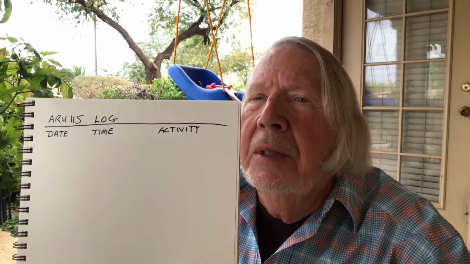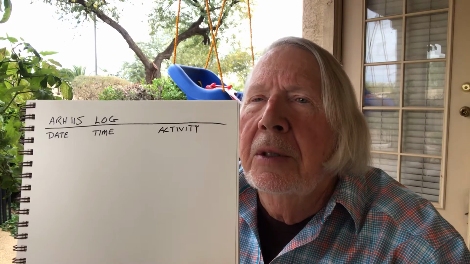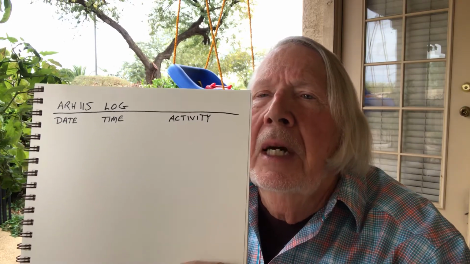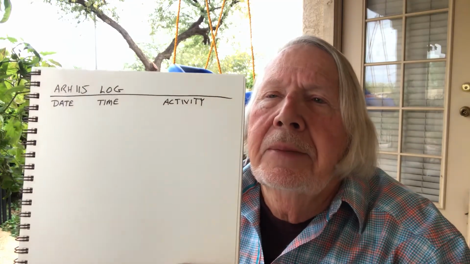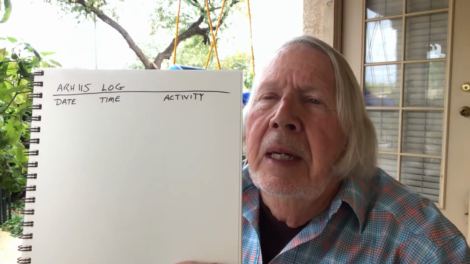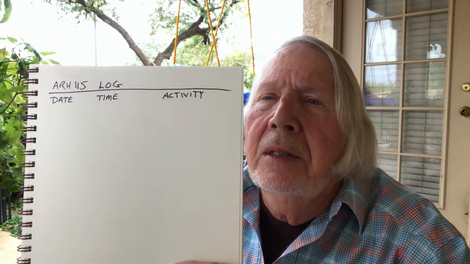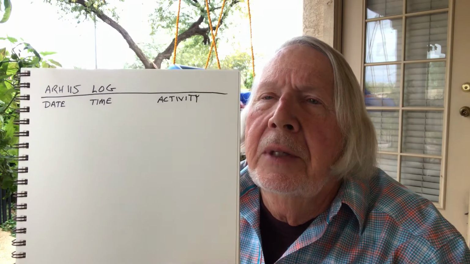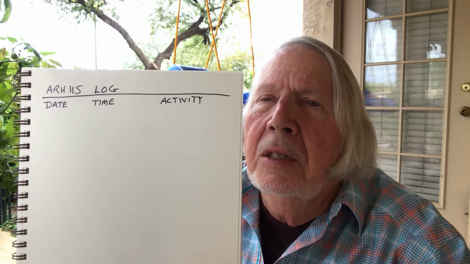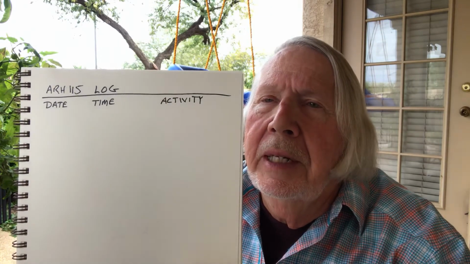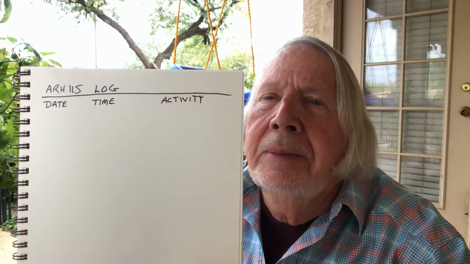All you have to do is pick one piece of paper. It'll probably last you for the whole semester, and just put a heading up on top of it, ARH115 logbook, and it's going to ask you, okay, on this date, and then you put down what day you are working, what date, and then just approximately, you can say I'm starting at 9 a.m. and then when you finish, you put down I'm done at 9:30.